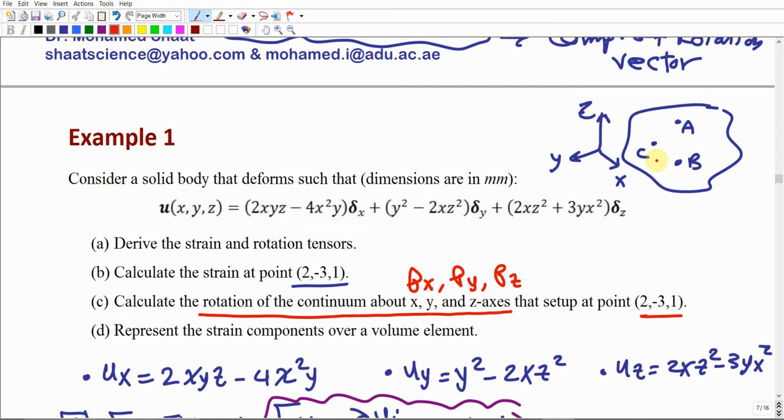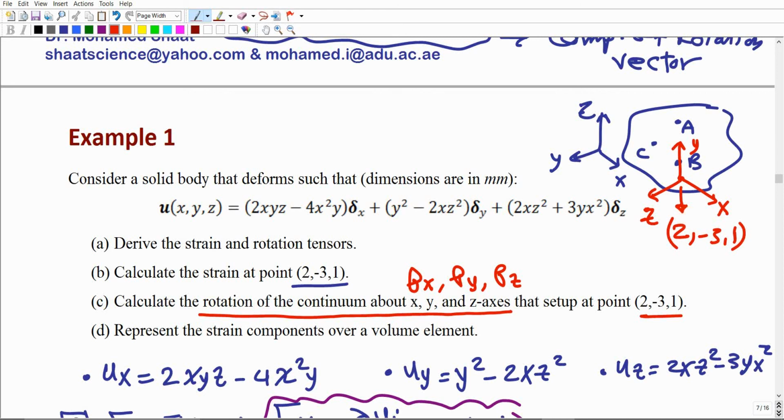Assume that this is the continuum and we're going to set up coordinates x, y, and z at a point. Assume that we set up these coordinates at this point, 2, -3 and 1. So this continuum is going to rotate, right?